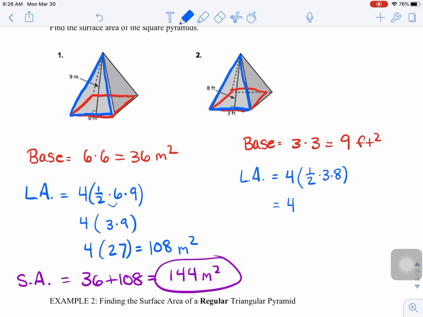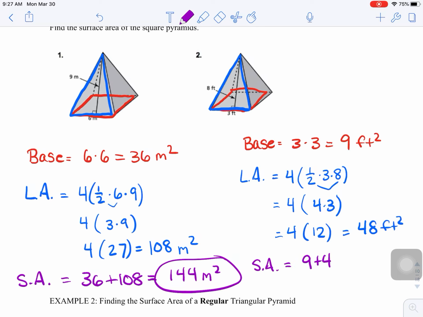If we multiply that out, I'm going to do half of 8 is 4. So I get 4 times 12, which is 48. Then my total surface area is the sum of 9 and 48, which gives us a total of 57 feet squared.